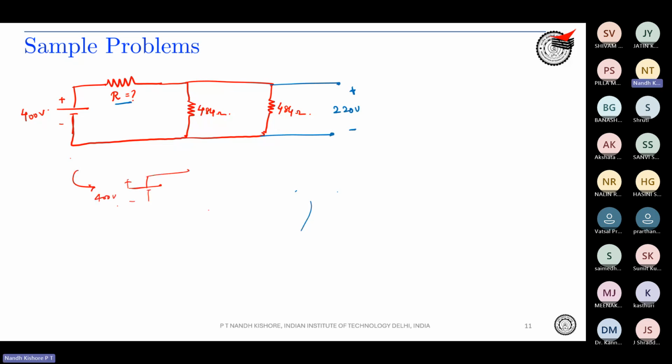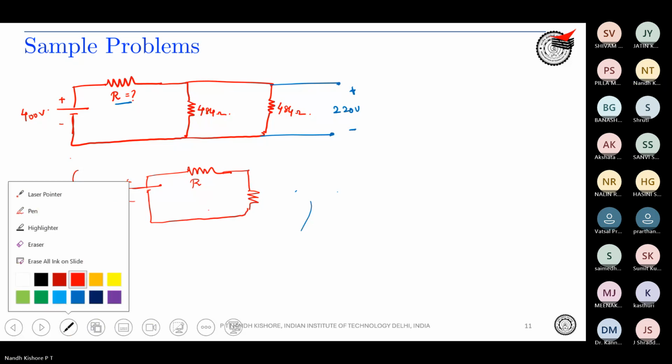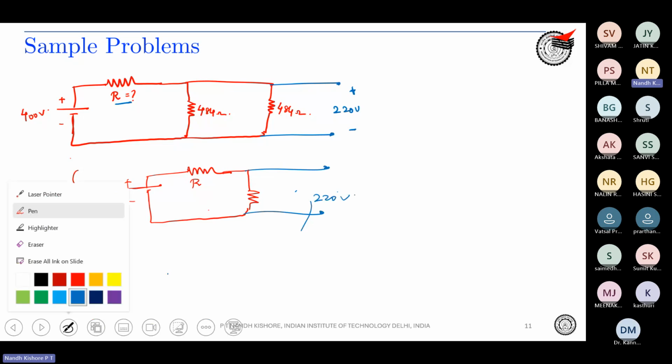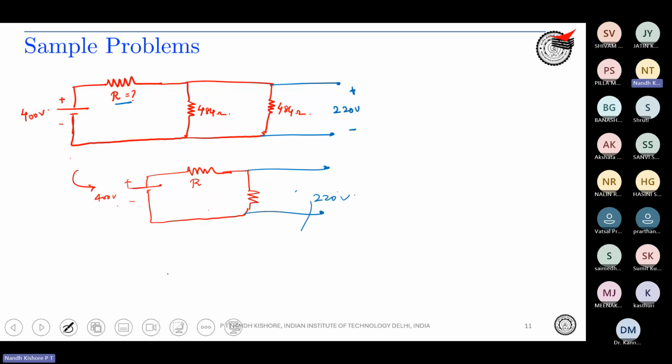So we have 400 volts over here, then a resistance over here, and then we have another resistance. The voltage is 220 volts. The equivalent resistance is going to be 484 by 2, which is 242 ohms.